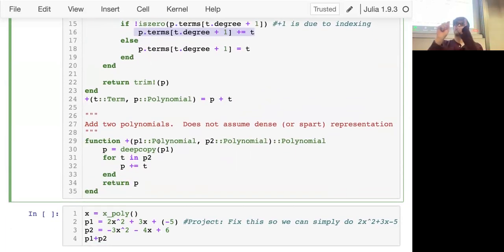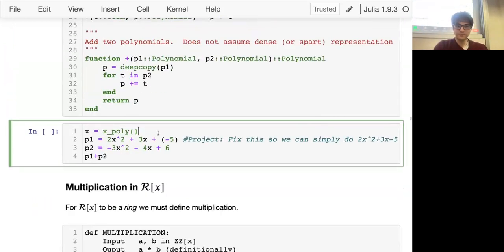So if I can do polynomial plus term, how do I then do polynomial plus polynomial? Well, that's easy, right? A polynomial is just a sum of terms. So if I want to add P1 to P2, that's just the same thing as adding every term of P2 to P1. And we've already defined what it means to add a term to a polynomial. So you just do this successively.